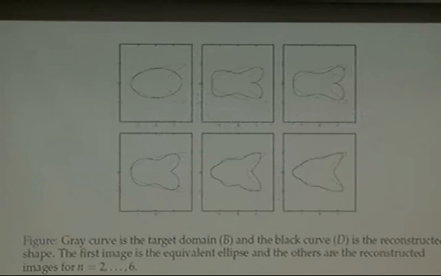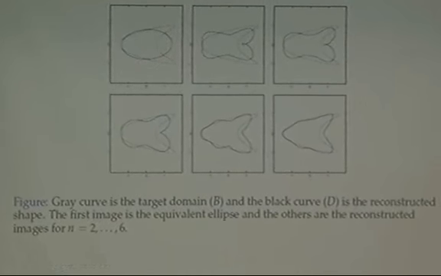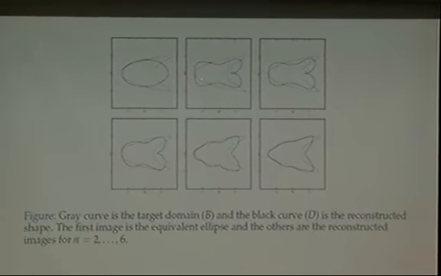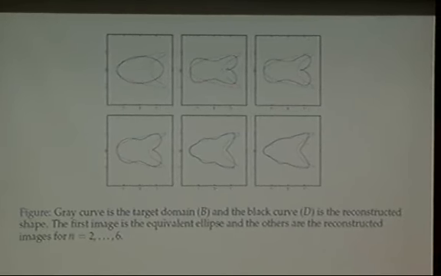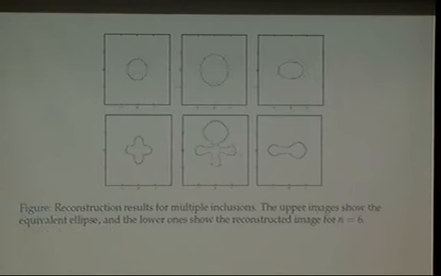And here is one example. This is the initial guess, which is an ellipse, and then one by one I increase the information of the polarization tensor, and finally you have a similar shape. Here I use polarization tensors up to order 6. And this one is a class of inclusions.